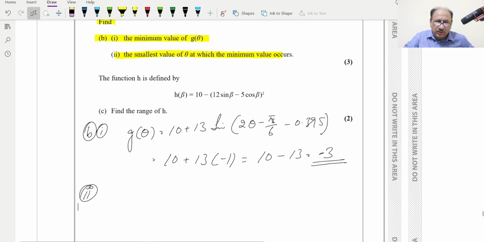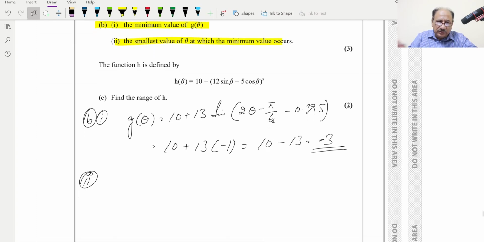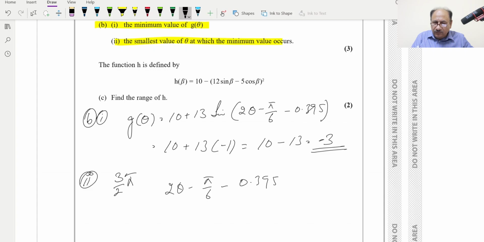The smallest value of theta at which the minimum value occurs. So we check 3 by 2 pi for 2 theta minus pi by 6 minus 0.395.